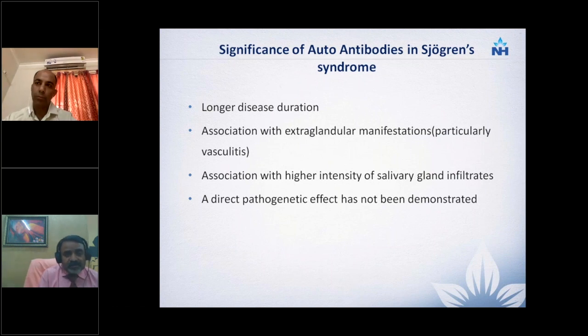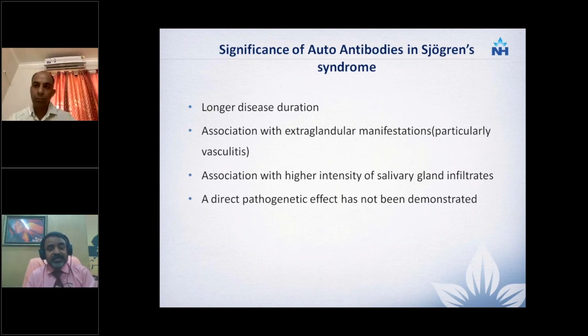This suggests longer disease duration, and these are associated with extraglandular manifestations, especially vasculitis, because these antibodies form immune complexes and deposit in the skin, where they manifest as purpura, or in the kidney, where they manifest as glomerulonephritis from immune complex deposition. They are also associated with a higher intensity of salivary gland infiltrates.